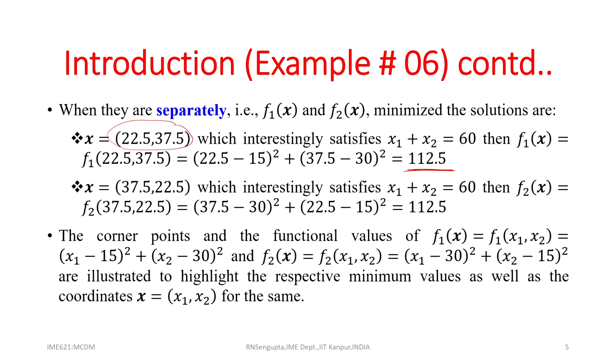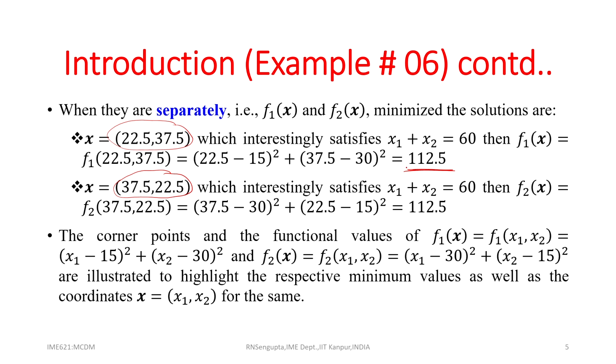Similarly, when I concentrate on the objective function f2, which is shown in the blue color, with a different center with respect to f1, the optimum point that gives me the minimum solution would be 37.5 for x1 and 22.5 for x2.